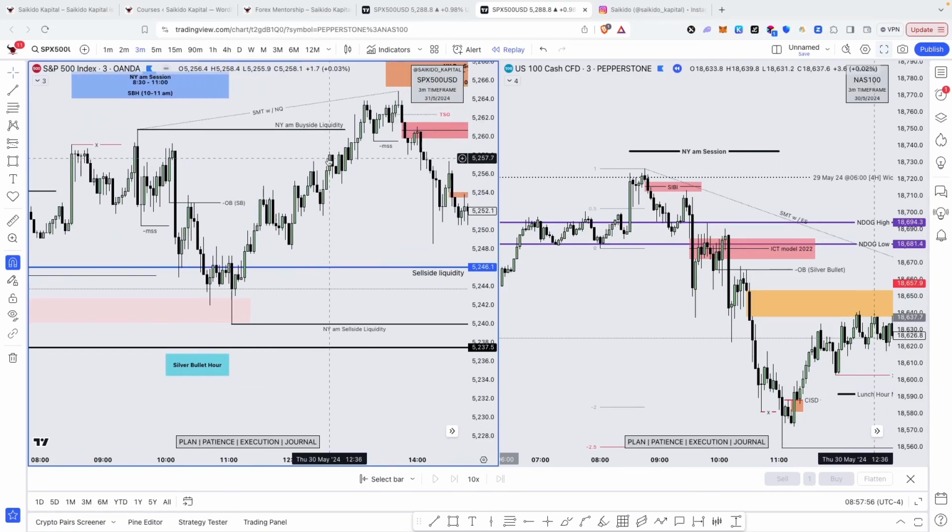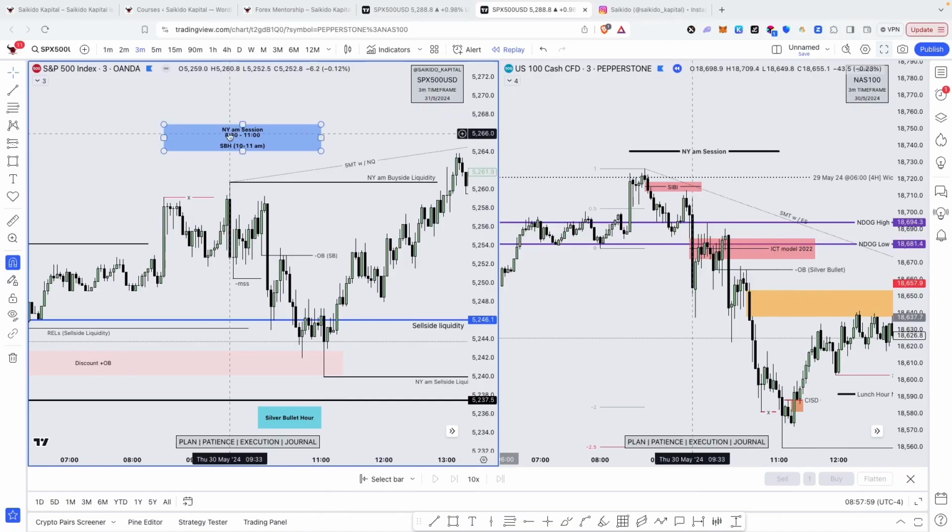Now let's check. This happened between 8:30 and 11, but if you look here, the 9:30 Judas swing did not create a bearish market structure shift here on ES, right? It did not. So this was pretty much a consolidation.